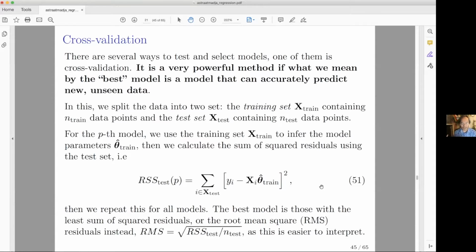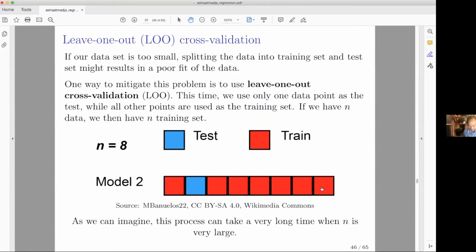If we have a small amount of data, like only 10, we only have 5 data points for training to determine the model, and 5 to predict. And using only 5 data points, we probably won't get a good fit. So another approach is to split the data into as many blocks as there are data points. Here's an illustration.